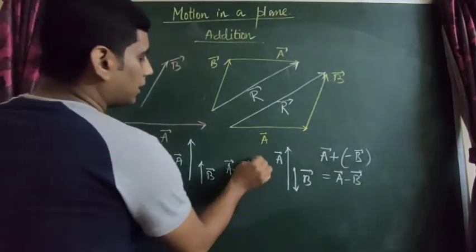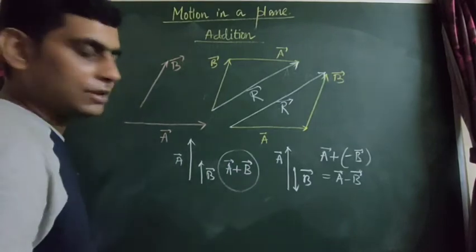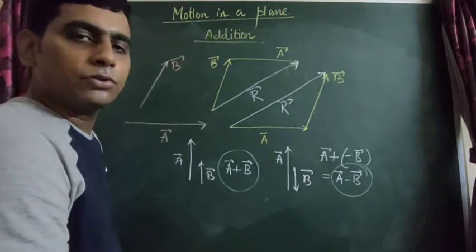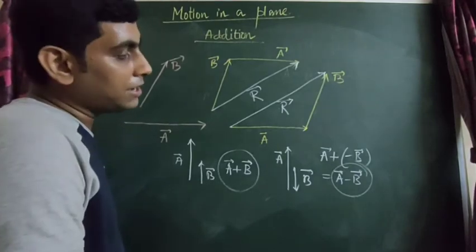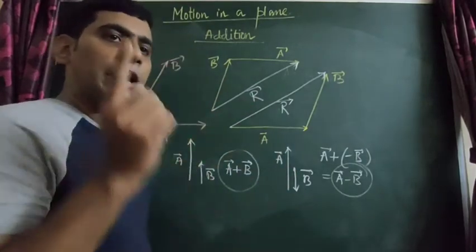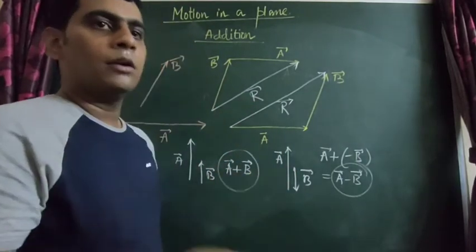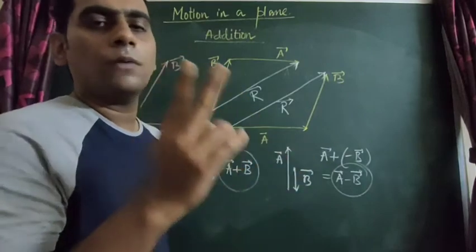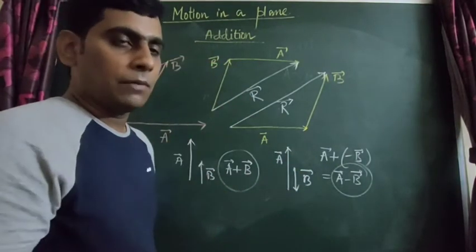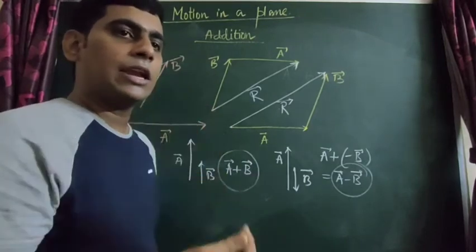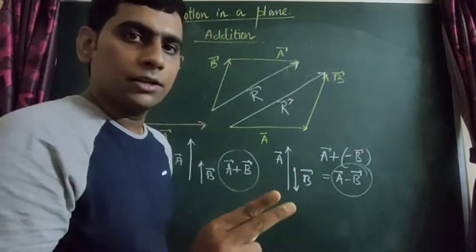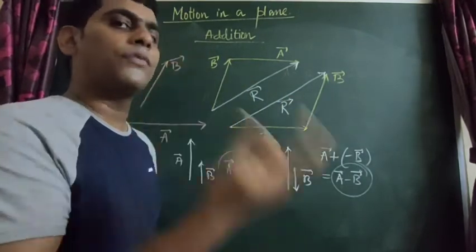So the maximum value that I can get by adding two vectors A and B is A plus B, and the minimum value is A minus B. That means you cannot get a null vector by adding two vectors of different magnitude. You cannot get a null vector, meaning 0, by adding any two vectors of different magnitude.